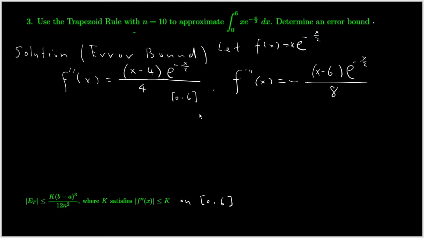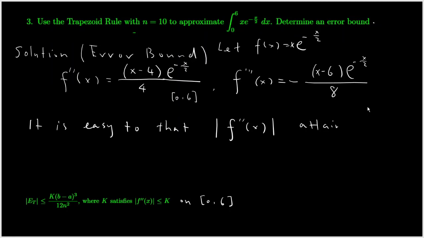So it's easy to see. I'm going to write it down. It is easy to see, I told you why, that the absolute value of the double derivative attains its absolute maximum on the interval from 0 to 6 at x value of 0.